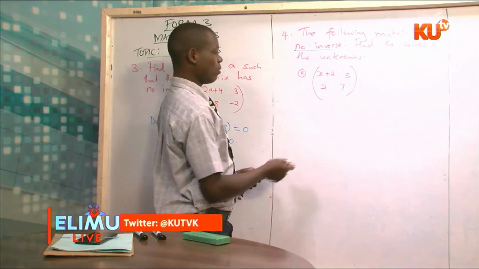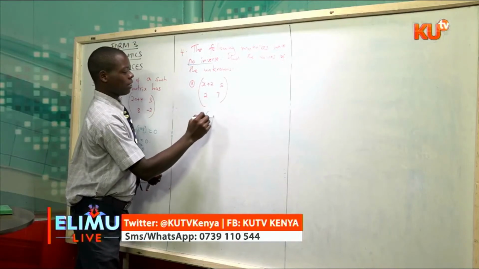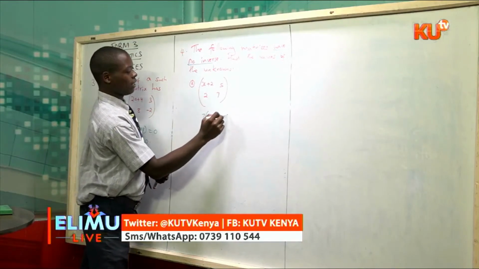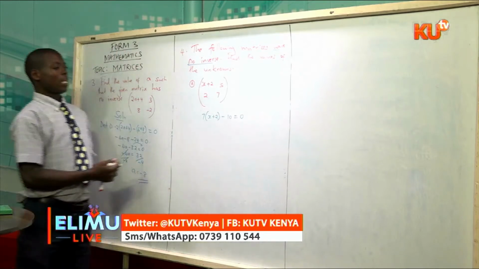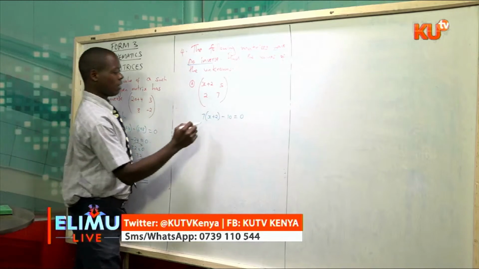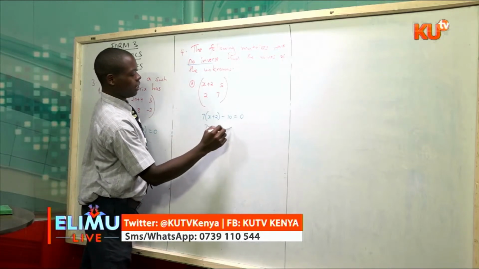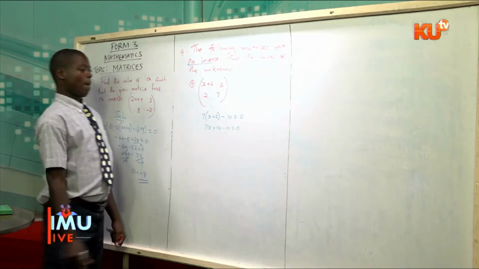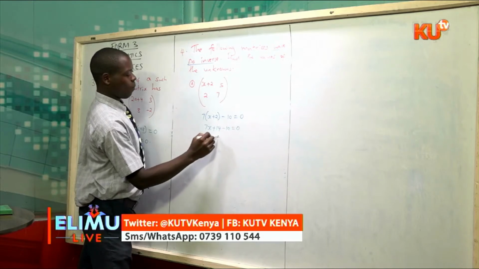So students, let's do the multiplication. 7 times x plus 2, minus 10 is equal to 0. So this gives us 7x plus 14 minus 10 is equal to 0. 14 minus 10 is 4.